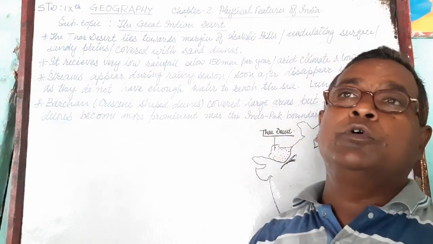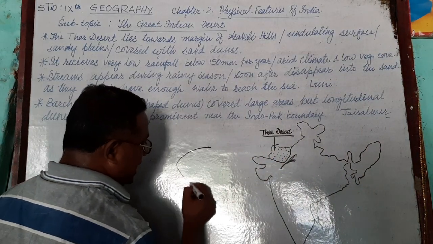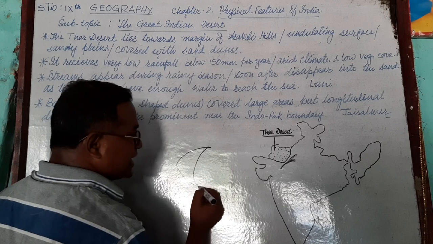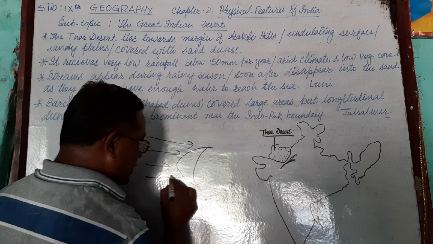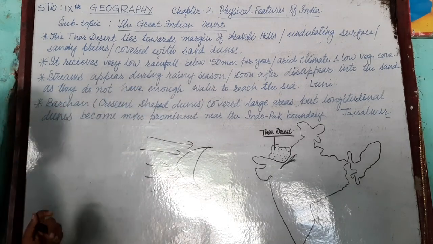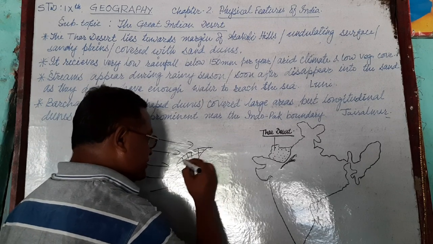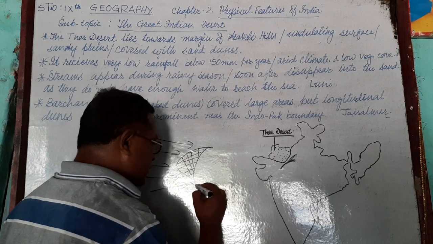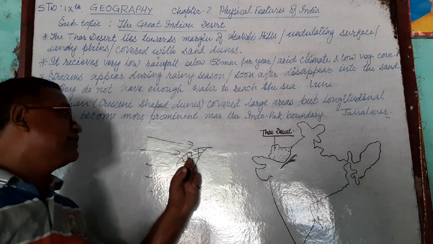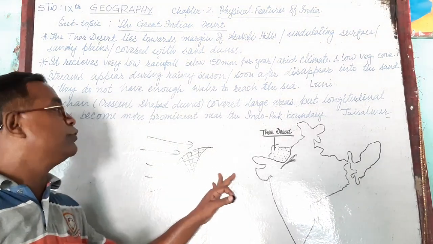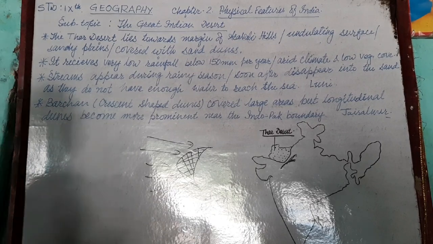Crescent means moon-shaped, like this type of shape. Wind deposits the sand in a crescent-like shape. Due to the blowing of wind, the sand particles are carried and deposited, creating a crescent-like shape, and this shape is considered a Barkhan.